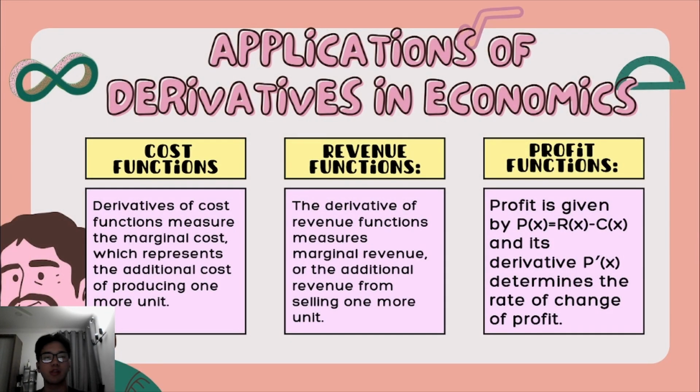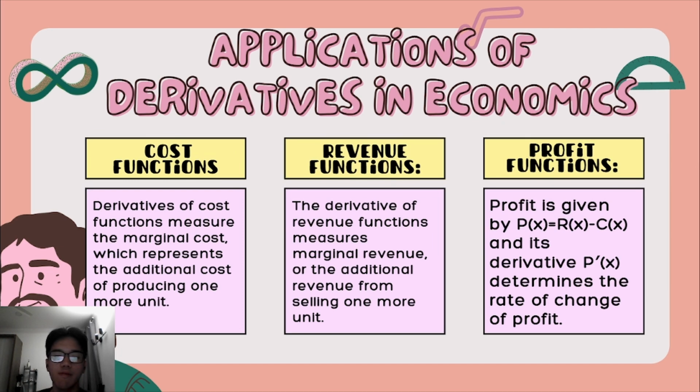Now is the application of derivatives in economics. The first is the cost function. The derivative of the cost function measures the marginal cost, which represents the additional cost of producing one more unit. The second is the revenue function.